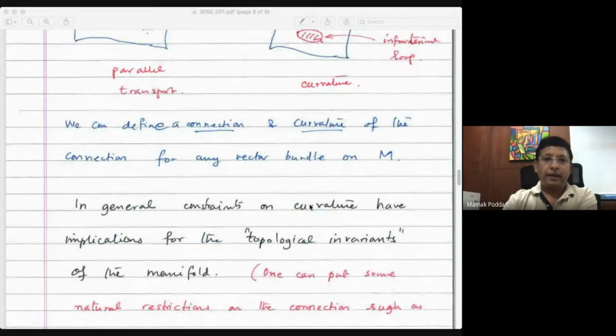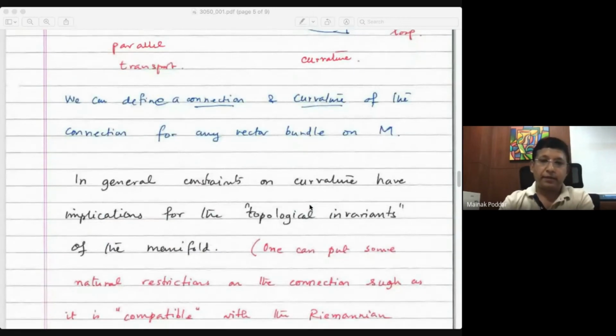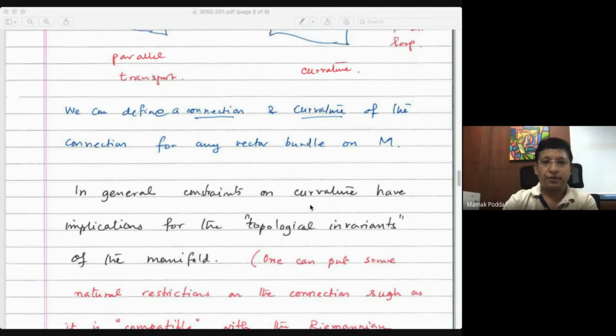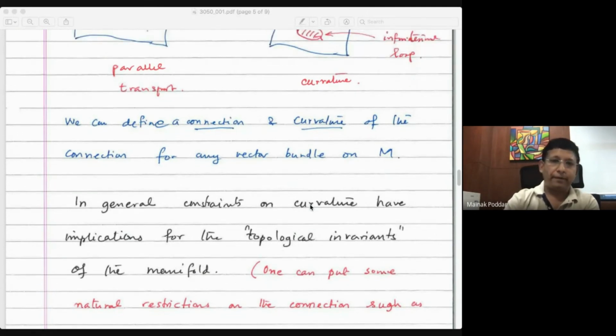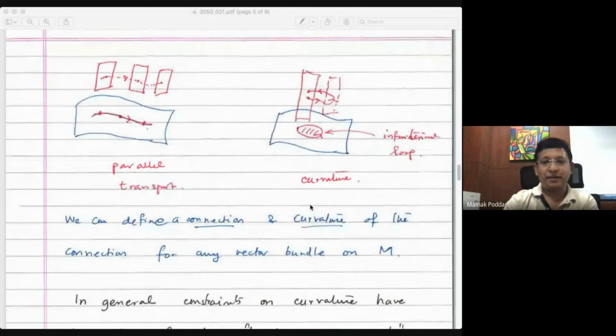Okay. And in general, the constraints on curvature, anyways, so basically the curvature turns out to be something that takes values in the endomorphism of the fiber, sort of. I mean, at every point, because you come back to the same thing.